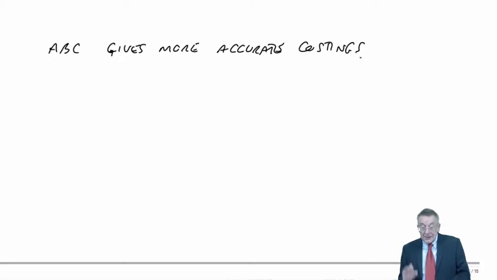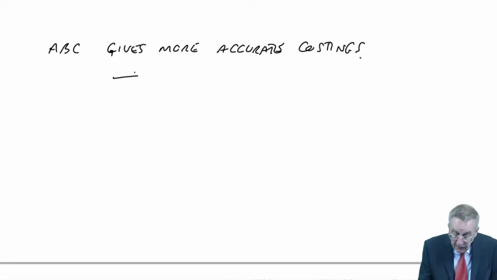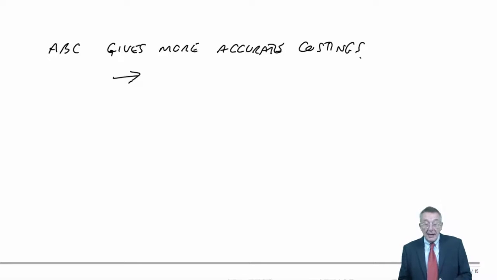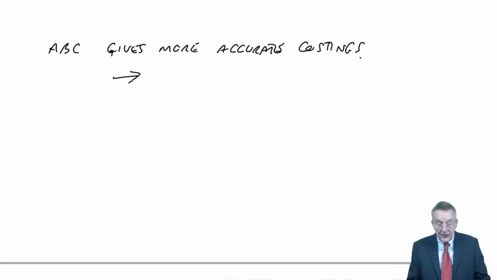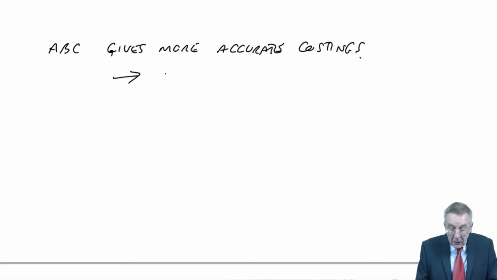The reason, though, it matters about getting more accurate costings is two things which very much go together. One reason of having the costings is to help us decide on a selling price, and so it leads to better pricing decisions.